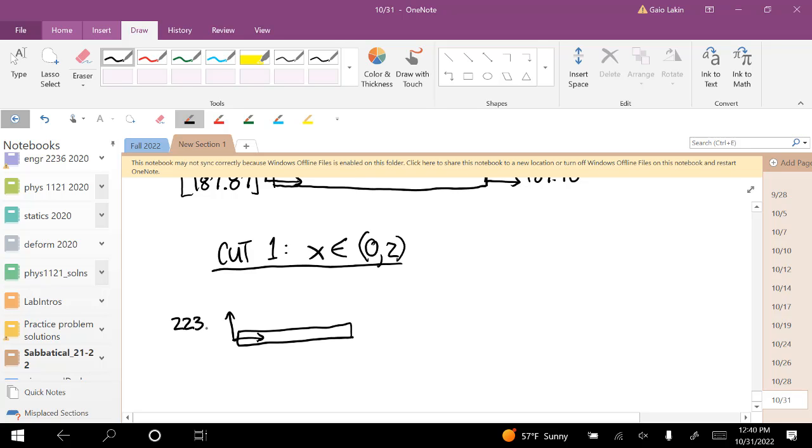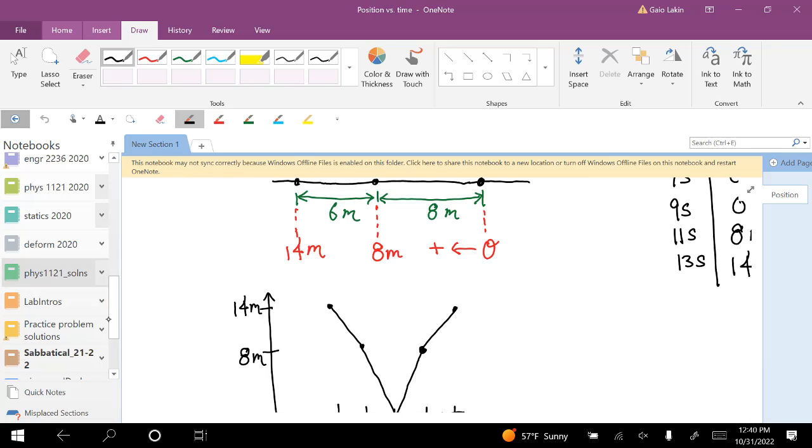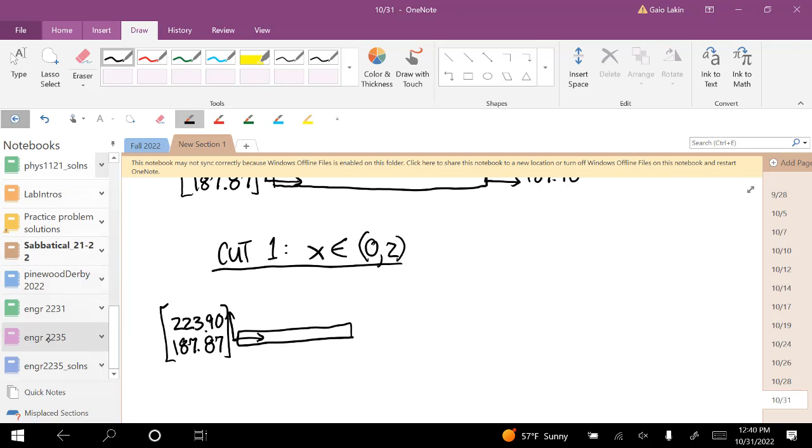So the force over on the left is 223.90, 187.87. These are both rectangular distributed loads, which means you multiply by x to get the point force that represents it.